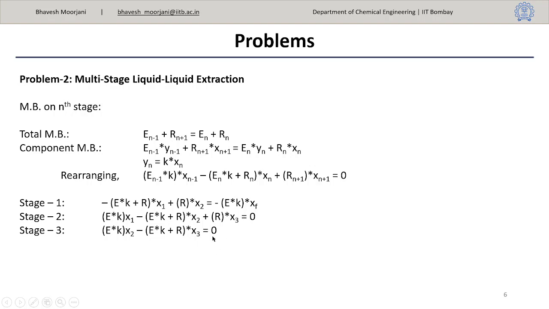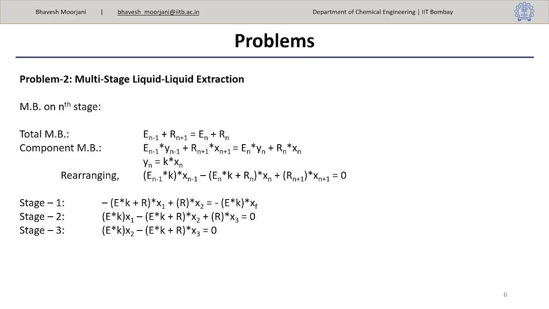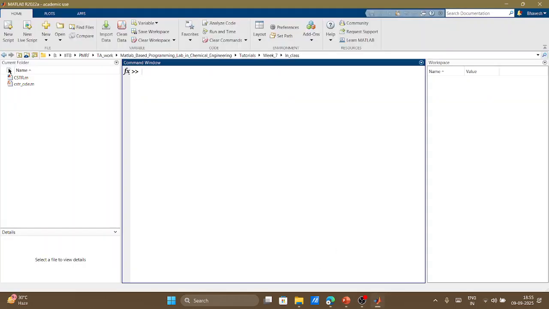X4 is 0, that's why the last term in the stage 3 equation is 0. X0 becomes your xf, okay, so that is your value here, right? So this is how your scheme looks like. Now we have 3 equations, 3 unknowns, right? So it's a unique system. We should get the unique solution, right?